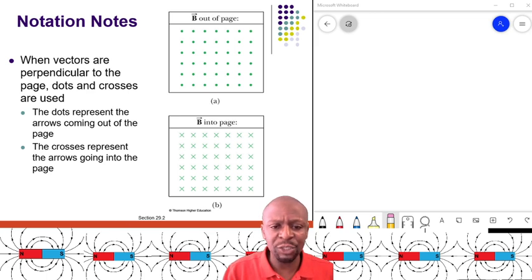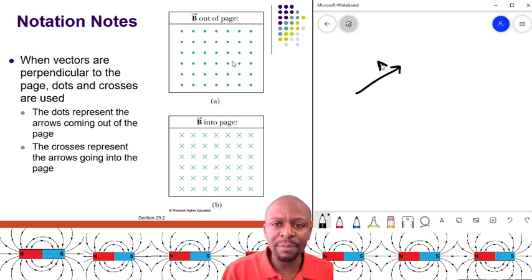As I've already shown you, say you have vector A going in that direction, and you also have another vector B going in that direction, and you know the angle between them is theta.